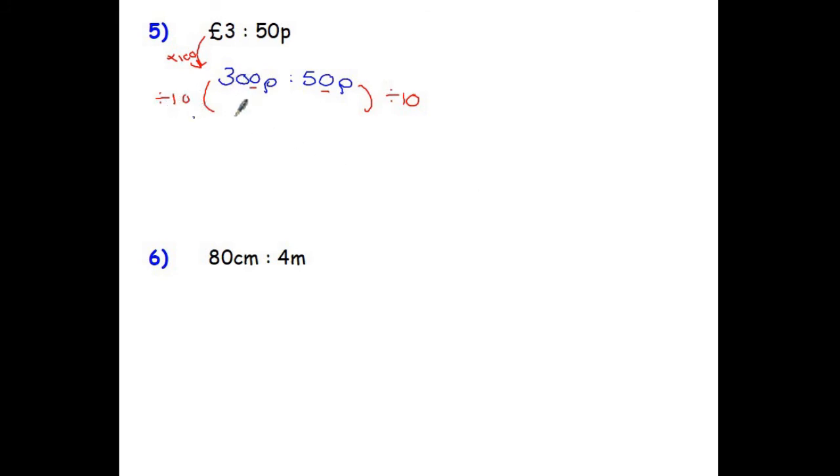So 300 divided by 10 is 30, and 50 divided by 10 is 5. And one number goes into 30 that also goes into 5. But it's 5. So 30 divided by 5 is 6. And 5 divided by 5 is 1. So the ratio there is 6 to 1. So for every 6 pence, there's 1 pence.